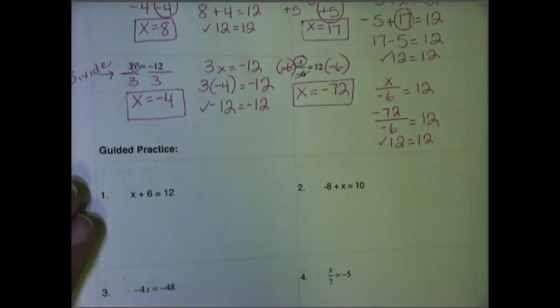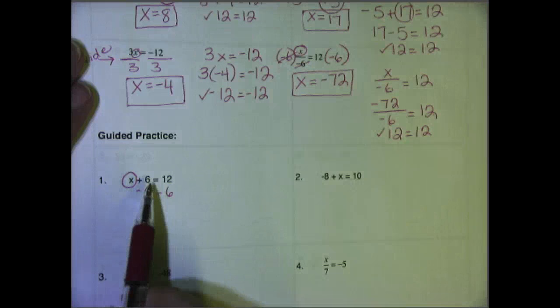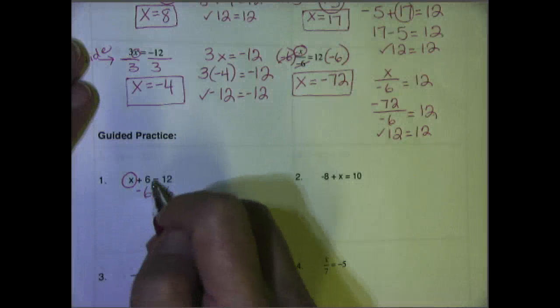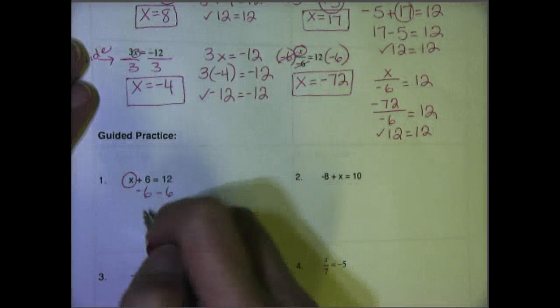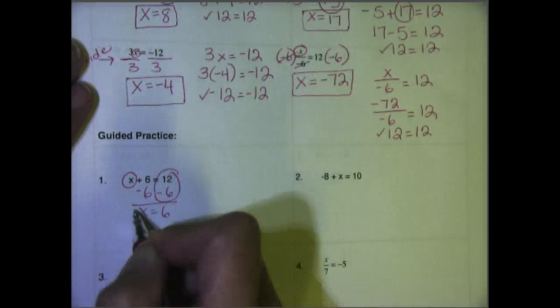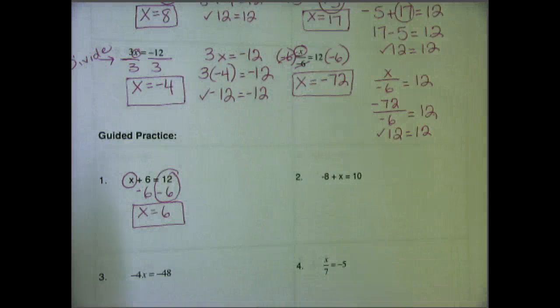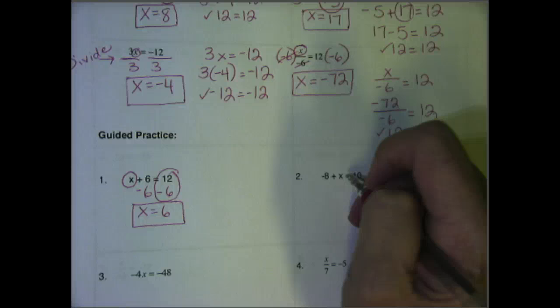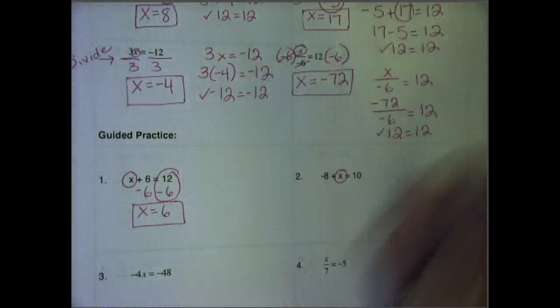Here I want to get x by itself, so I have to subtract 6 from both sides because I'm left with positive 6. If I want it to be 0, 6 minus 6 is 0. 12 minus 6 is 6, so x equals 6. You can always check your answer to make sure you got it correct. Number 2, I need to get x by itself.